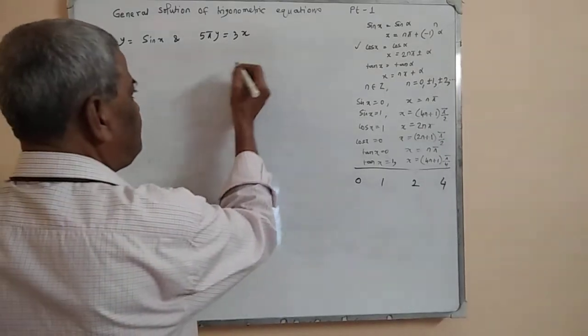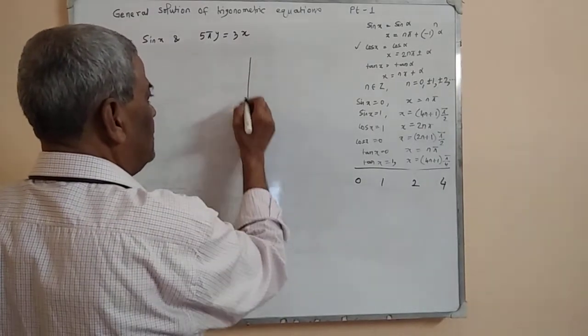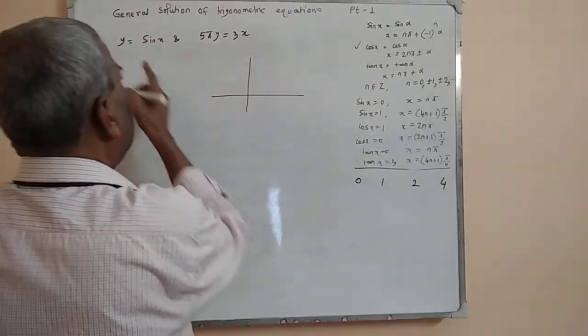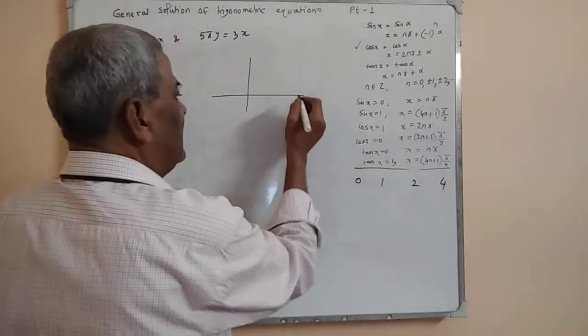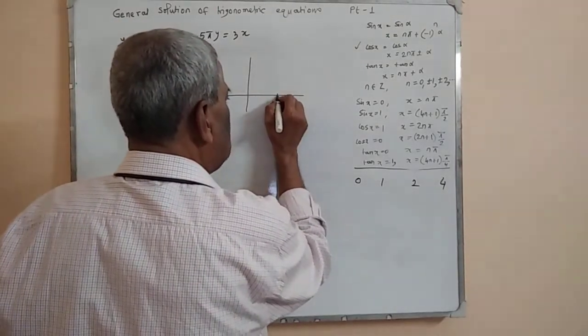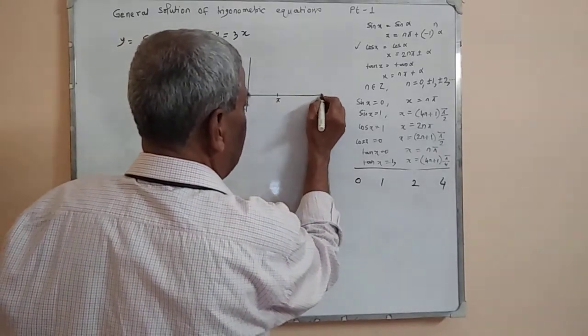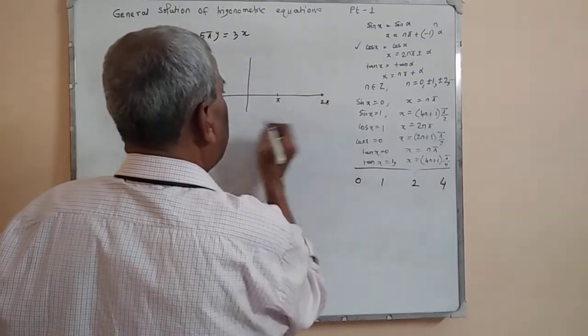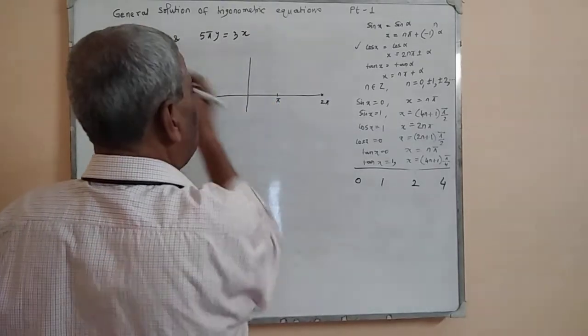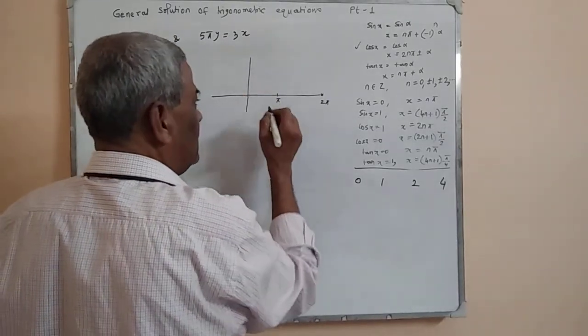Okay, now let us draw y is equal to sin x. Suppose this is pi, this is 2 pi. For y is equal to sin x, rough drawing.